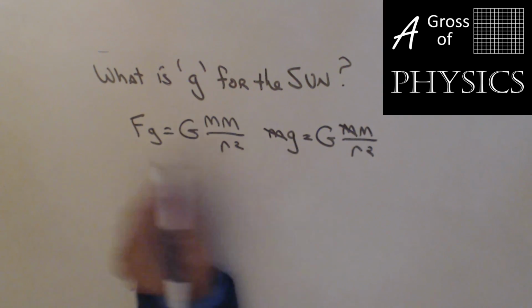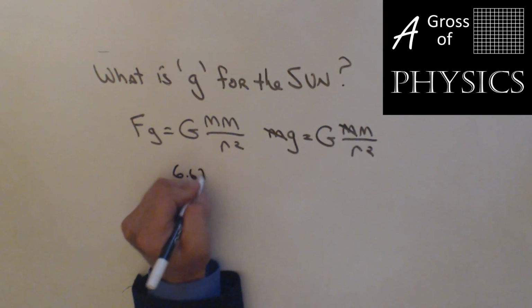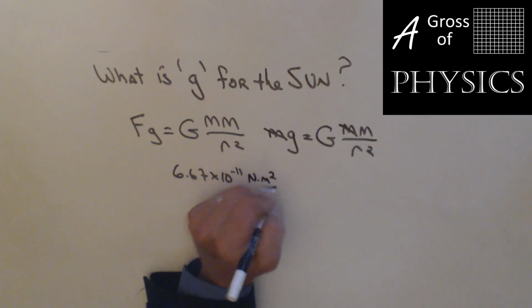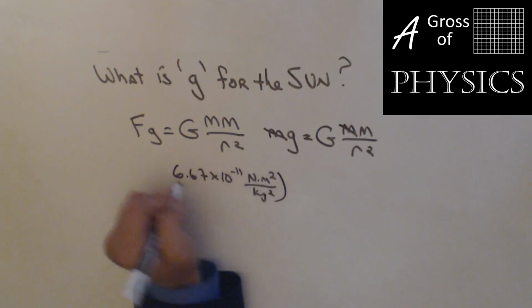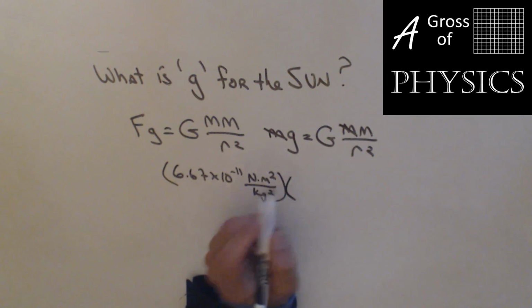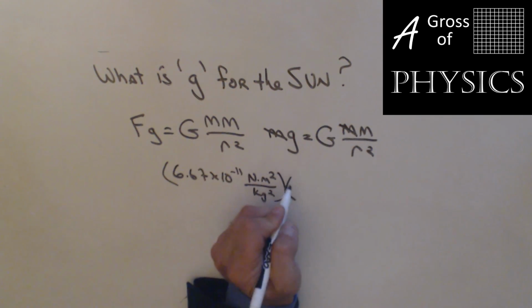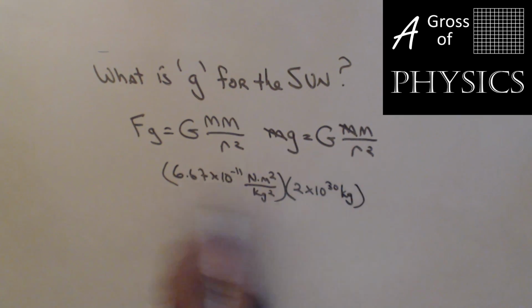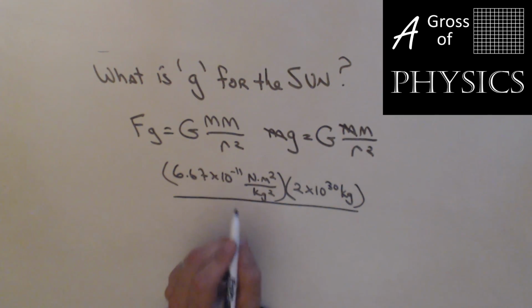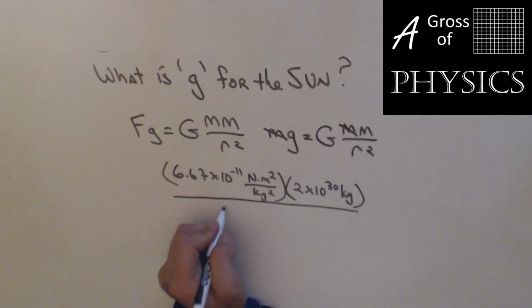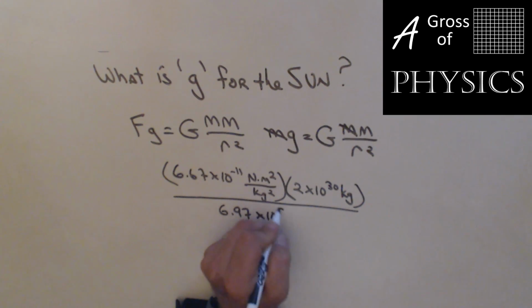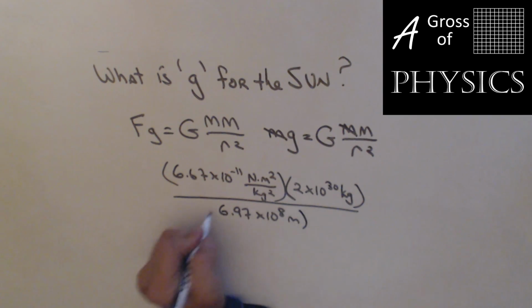And to find little g, we multiply 6.67 times 10 to the negative 11 newton meters squared over kilograms squared times the mass of the sun, which is 2 times 10 to the 30 kilograms. And that's all over the radius of the sun. Now the radius of the sun is 6.97 times 10 to the 8 meters, and we have to square that.